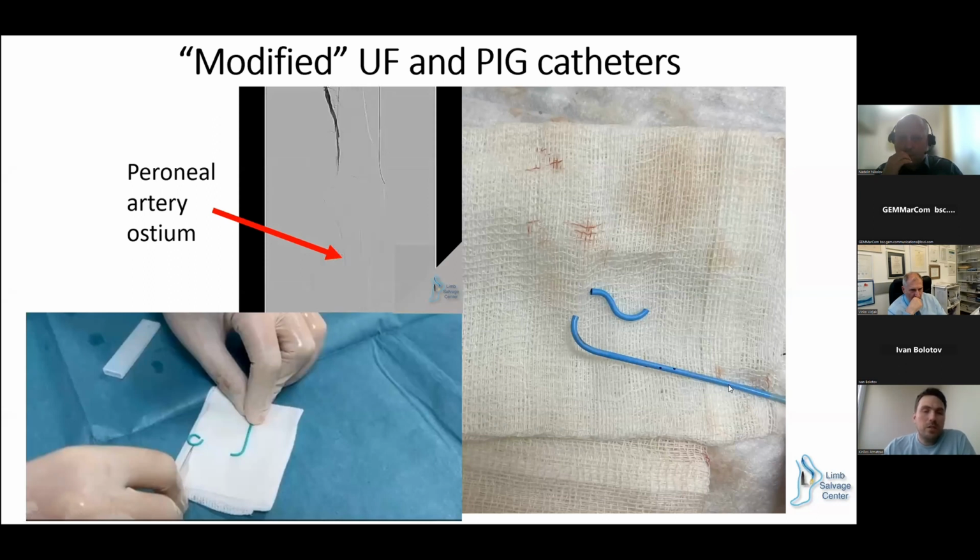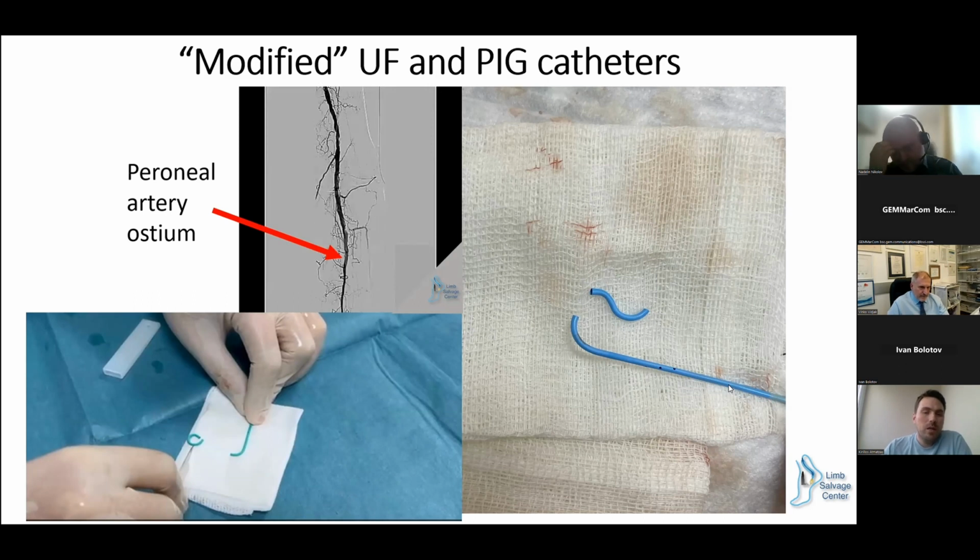In cases with severe calcification and flush occlusions, it's very difficult to catch the ostium of the artery with standard methods like an angled guide wire or with the use of a support catheter like a vertebral. So after failed standard methods, in our clinic we use modified UF or pigtail catheters.